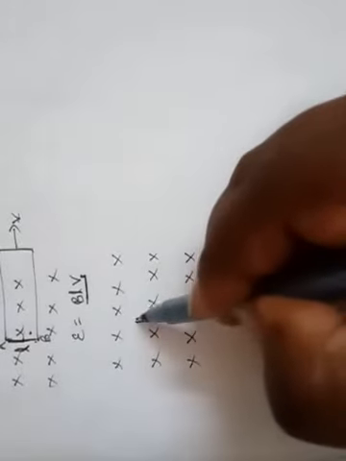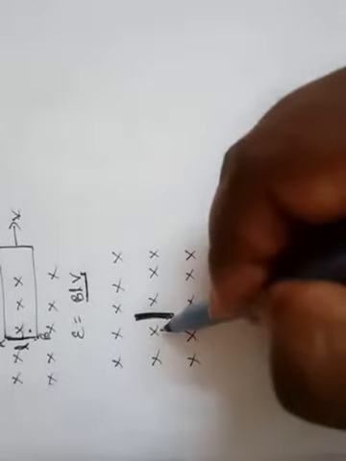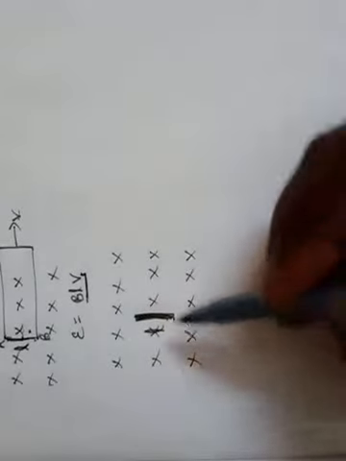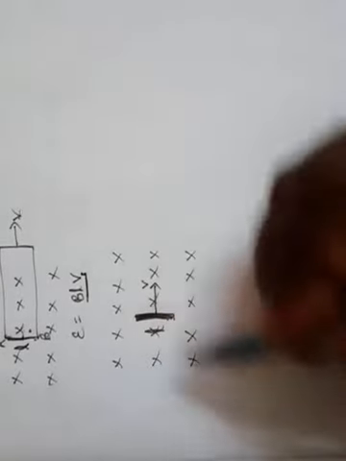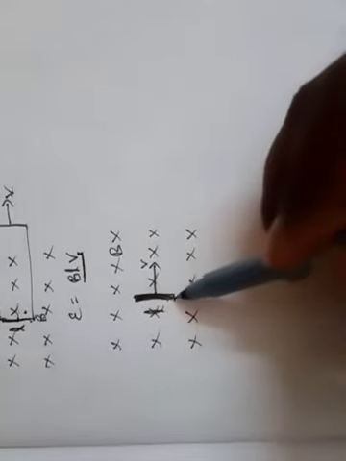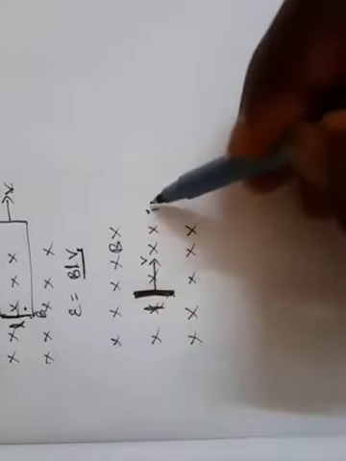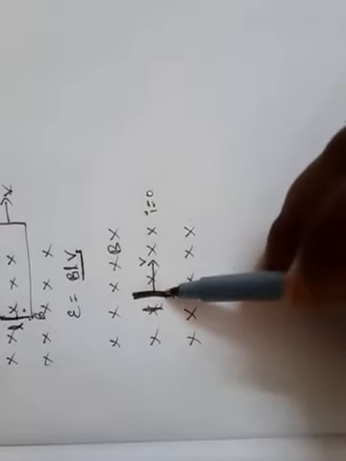Now we will take only a conductor. This conductor has length L, it is moving with velocity V, and the magnetic field is B. In this case also induced EMF is produced, but the induced current is 0. I already told you in the note. Why? Because this is not a closed loop.